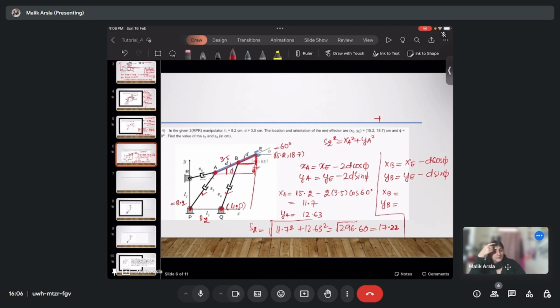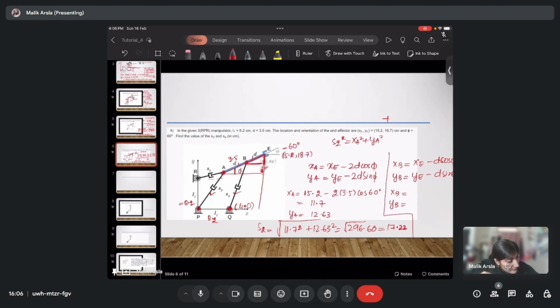It's 13.45 and 15.66. Okay, so how will you write now?